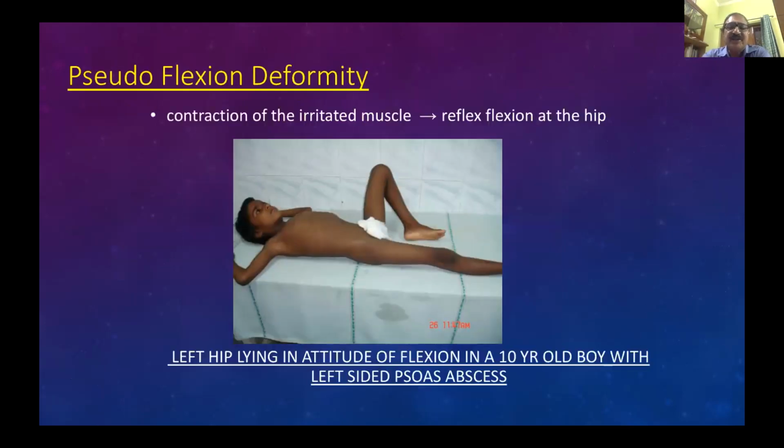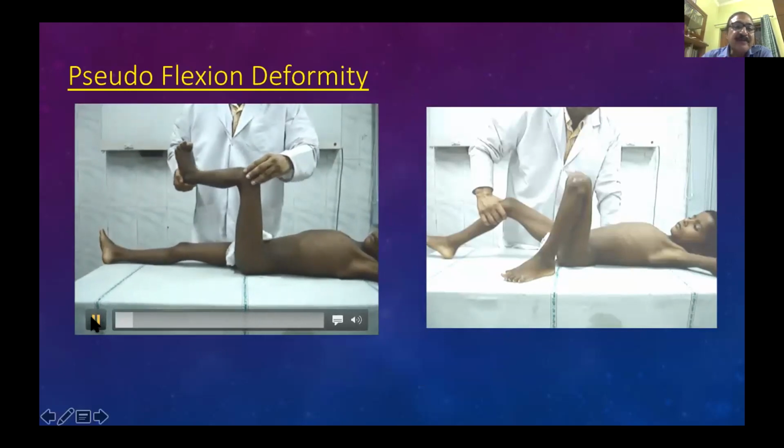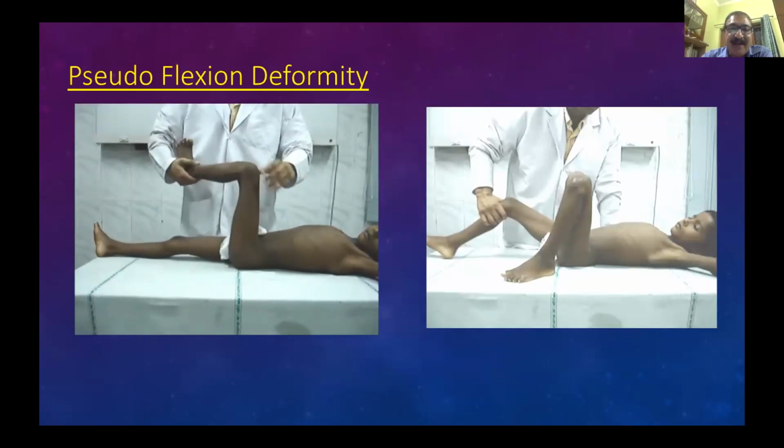Now there is a situation called a pseudo flexion deformity. Sometimes the disease is not in the hip joint, but there is an irritating lesion in the vicinity of the hip joint, which is forcing the hip joint into pseudo flexion. This is a patient with a pseudo flexion deformity because of a psoas abscess. How to differentiate a pseudo flexion deformity from a true flexion deformity? Please see this video carefully. In a case of pseudo flexion deformity, when the disease is not in the hip joint, the rotations will be free and painless.